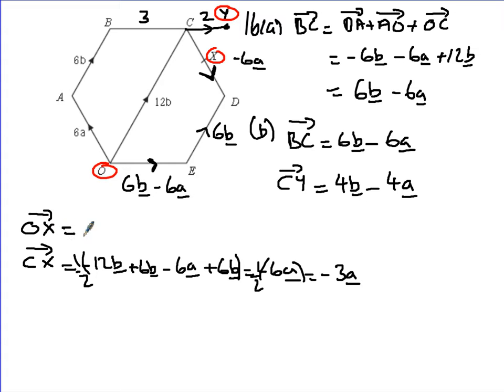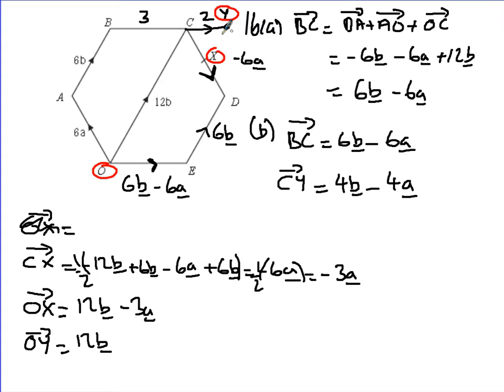So O to X then, just to come back to O to X, I'll put that underneath actually. O to X then is going to be 12B minus 3A. So we're combining there and there. And then O to Y, well, that's going to be 12B, then plus what CY is, which we worked out here.